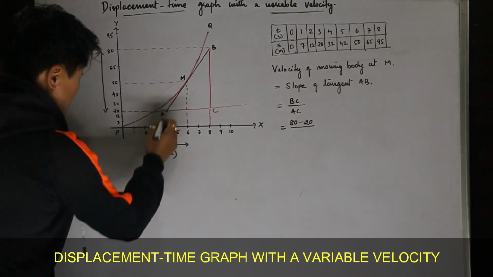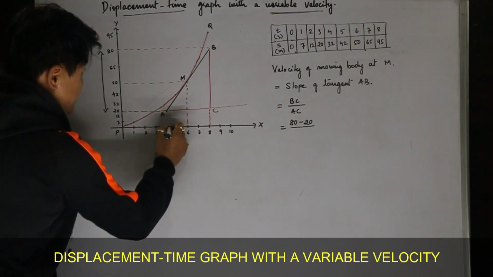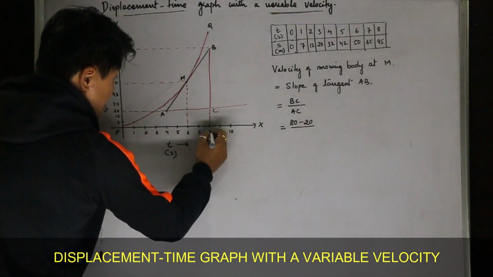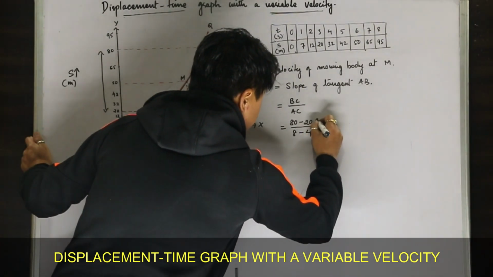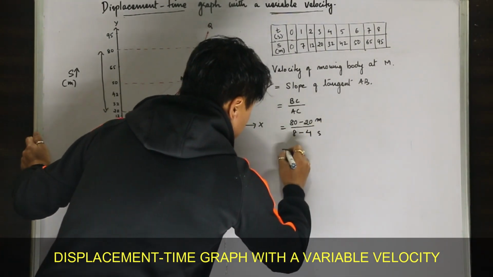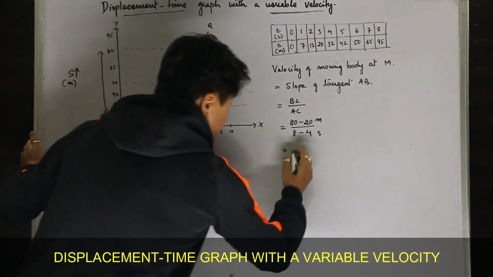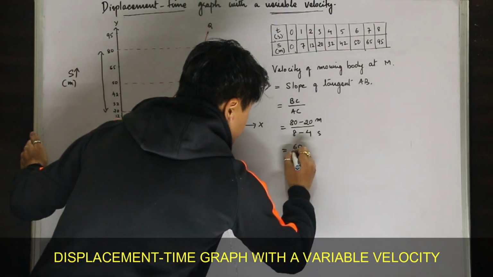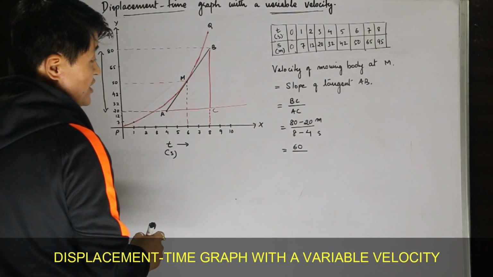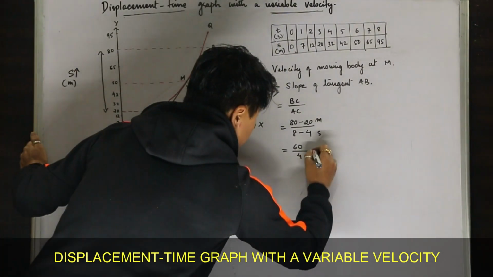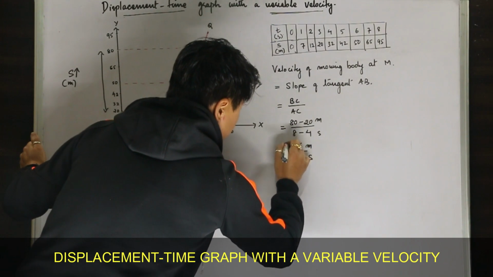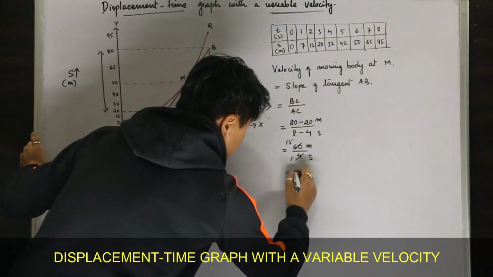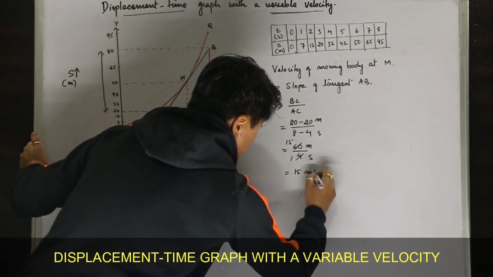Time at point A is 4 seconds, time at point B is 8 seconds. This will be 8 minus 4. This is meter, this is second. This will be how much? 80 minus 20 will be 60, divided by 8 minus 4, which is 4. This is meter per second. 4 1s are 4, 4 15s are 60. Therefore 15 meter per second.